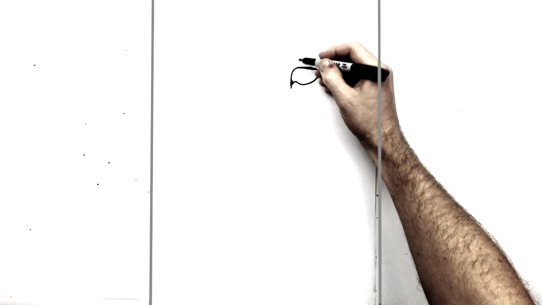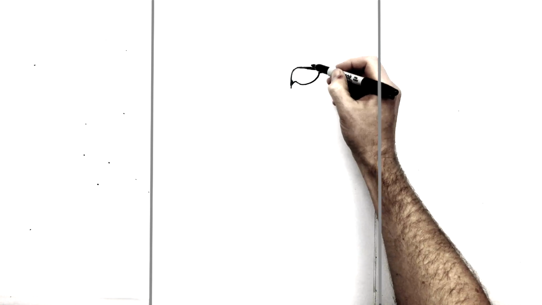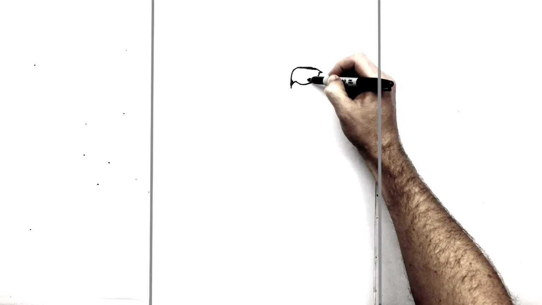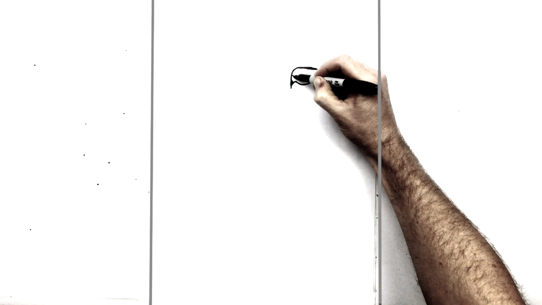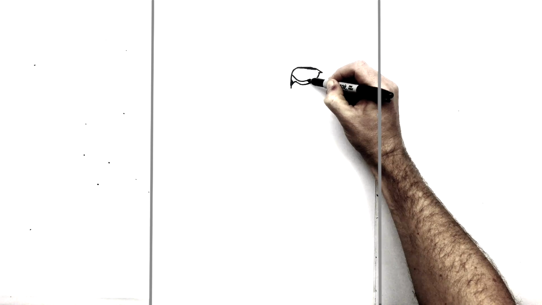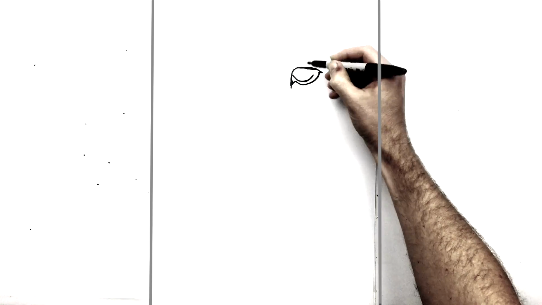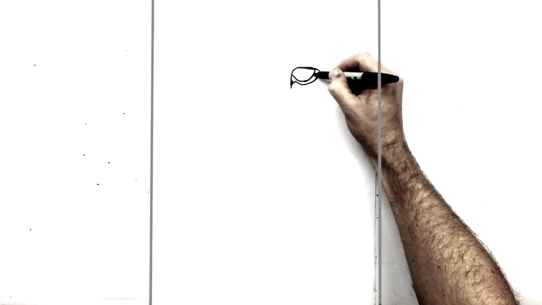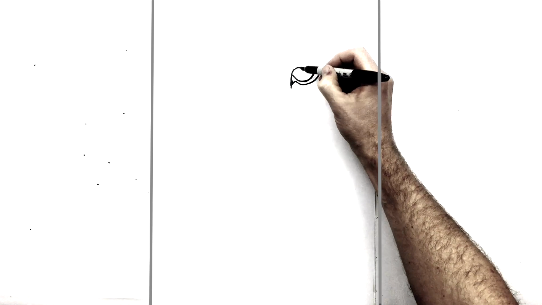around the mouth and the nose, but we'll do the rest of the eye first. So in here we have the iris, so it's just a curved line coming around like so, and the pupil then is just here.